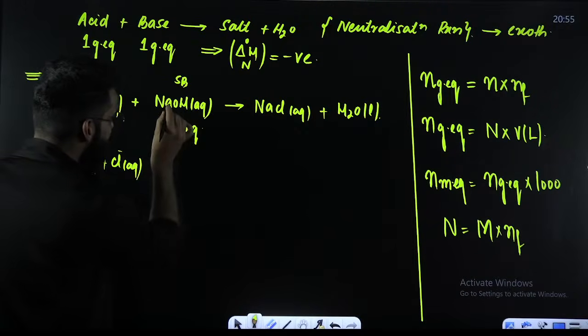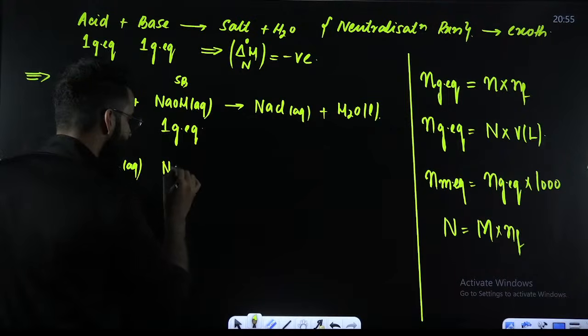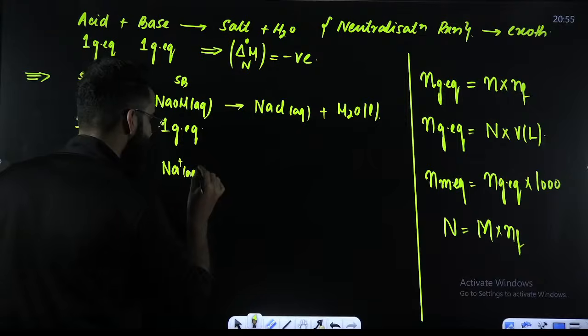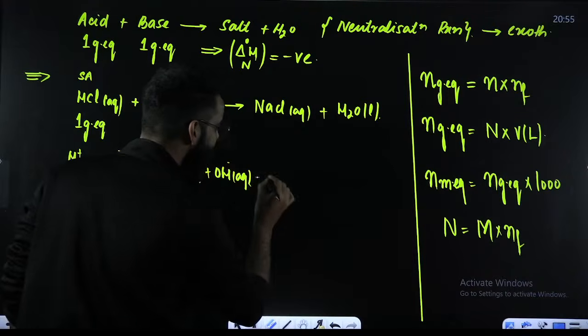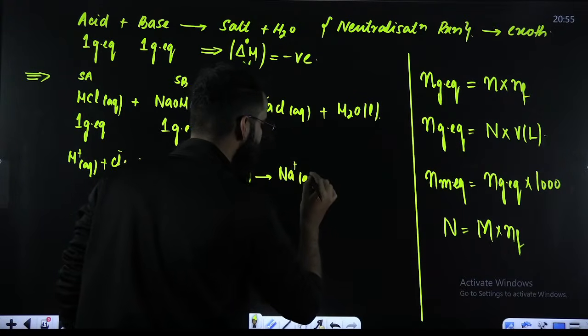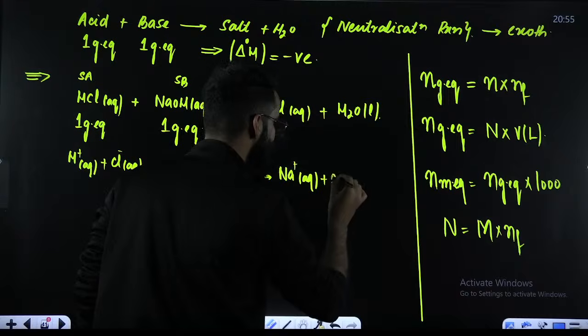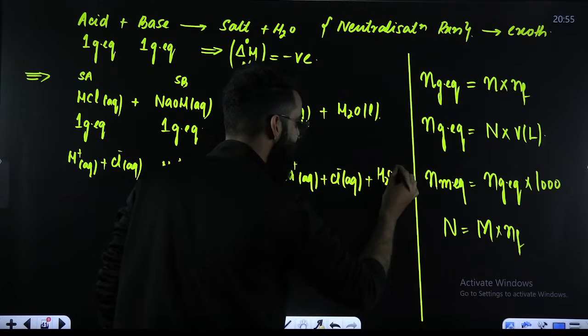Similarly, NaOH would have dissociated as Na positive aqueous plus OH negative aqueous. This is a salt, again completely dissociated: Na positive aqueous plus Cl negative aqueous. And with it, we have got H2O liquid as well.